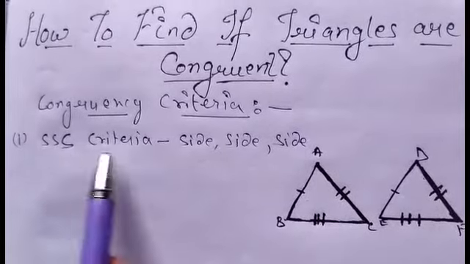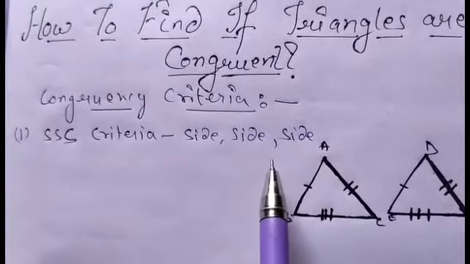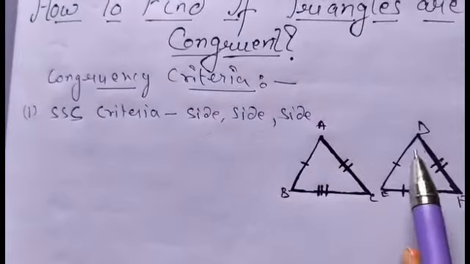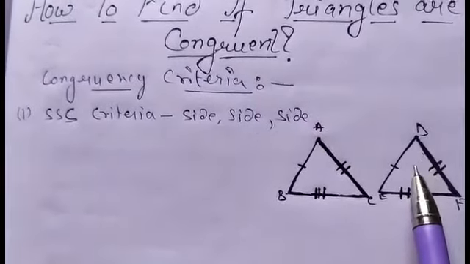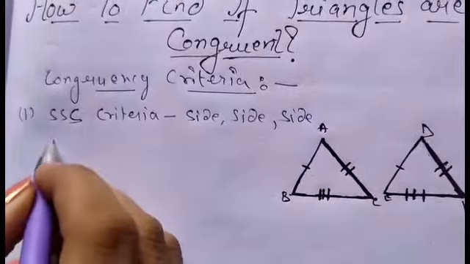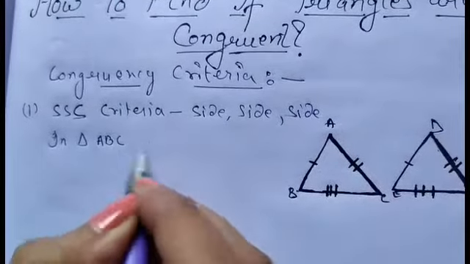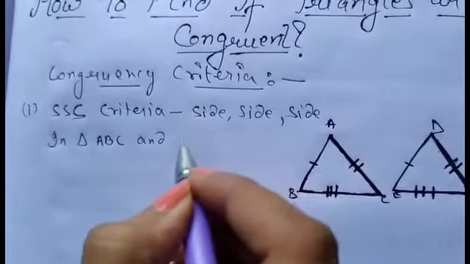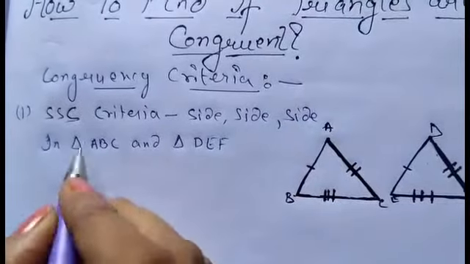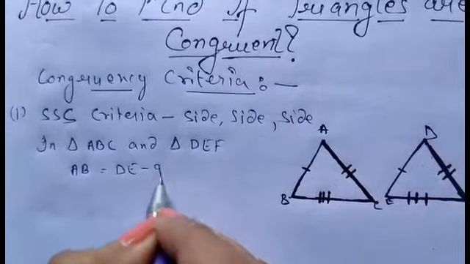First, SSS criteria stands for side side side criteria. If 3 sides of a triangle are equal to 3 sides of another triangle, then they are said to be congruent. For example, in triangle ABC and triangle DEF, AB is equal to DE, given.